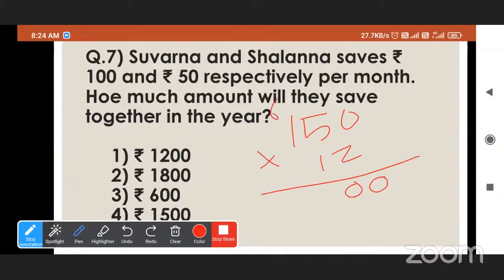We have to write 6 here. 12 ones are 12, and 12 plus 6 is 18. So this is the total saving of a year. So which option is right? Second one. Okay, good.